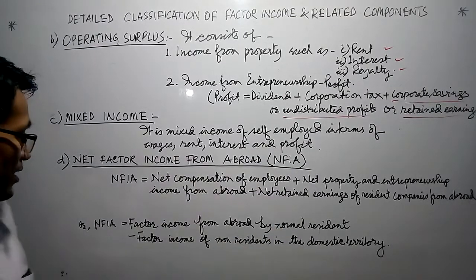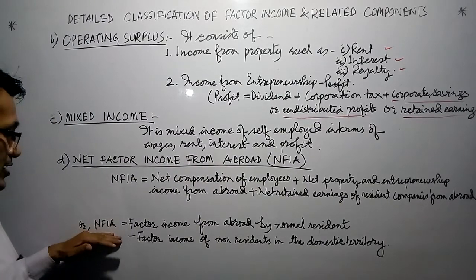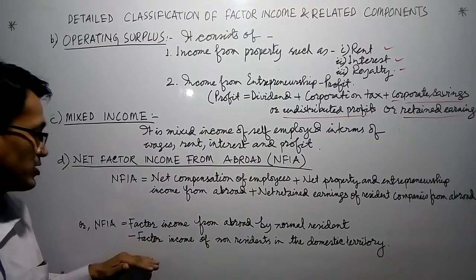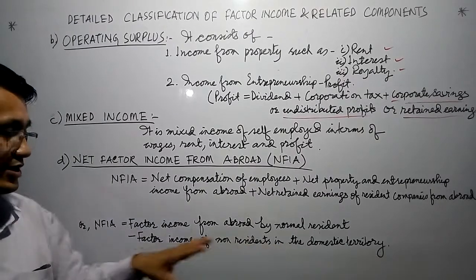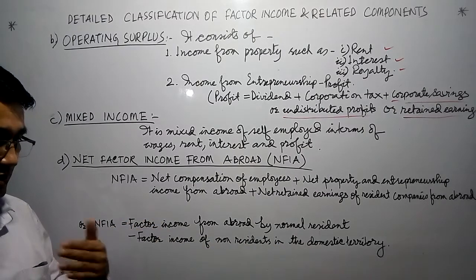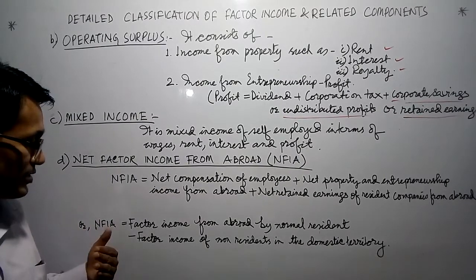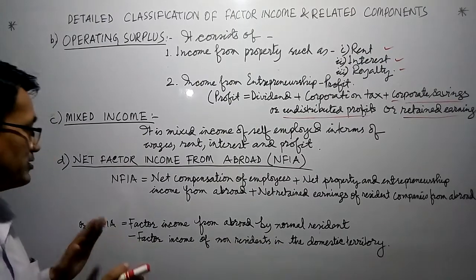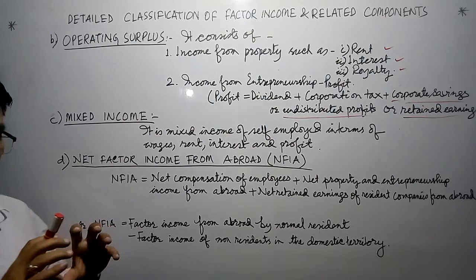Lastly, we can express NFIA as factor income from abroad by the normal residents minus factor income of the non-residents in the domestic territory. That is the income earned by our residents from foreign countries minus income earned by foreigners in our country. That is the meaning.